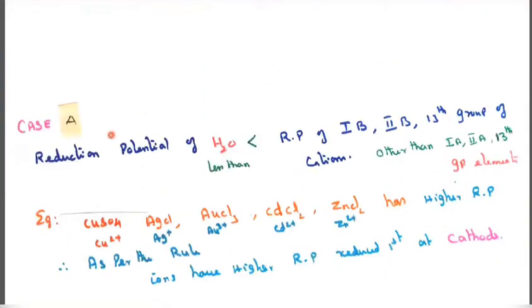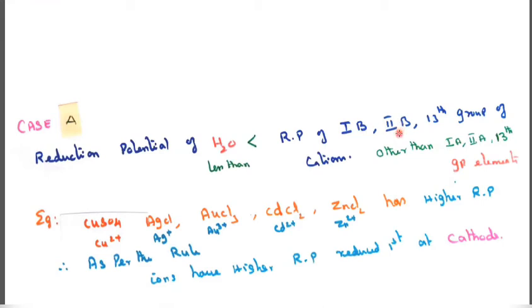Let us see case A, which is copper sulfate. The reduction potential of water is less than the reduction potential of cations other than group 1A, group 2A, and group 13, which is the boron family. Group 1A is the alkali metals: lithium, sodium, potassium, rubidium, cesium.